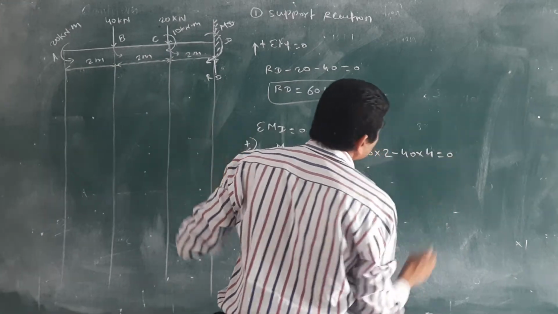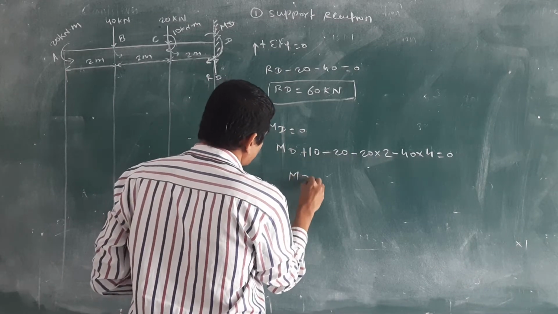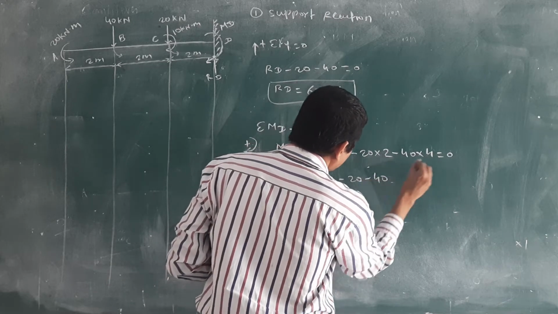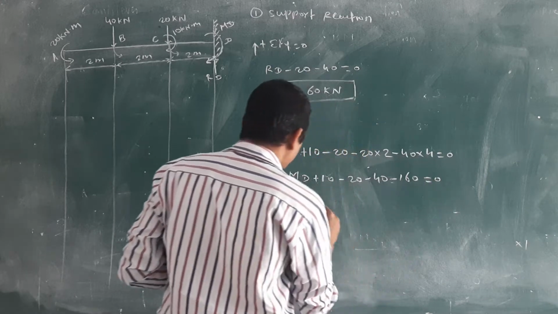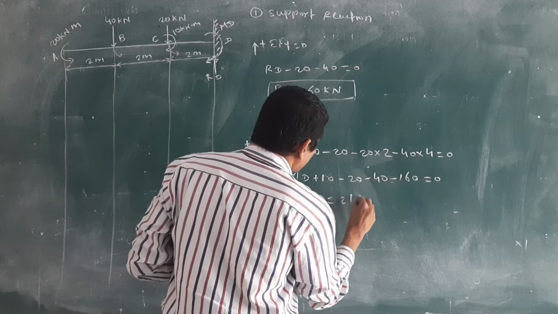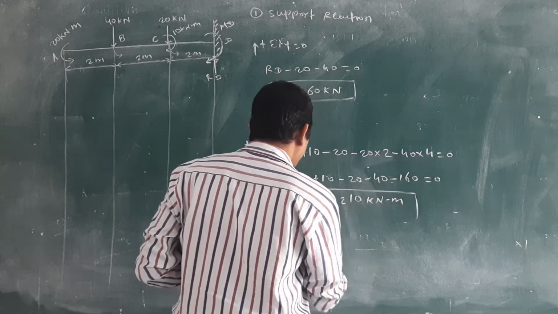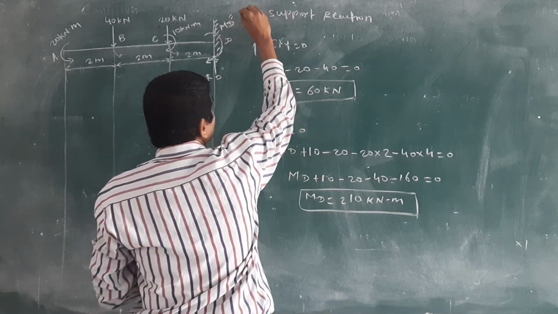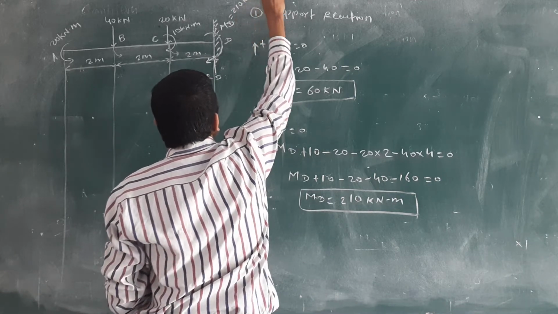Then plus 10 minus 20, minus 40, then minus 160 is equal to 0. If you calculate, MD is equal to positive 210 kilonewton meter. This is the value of that moment. MD is equal to 210 kilonewton meter.